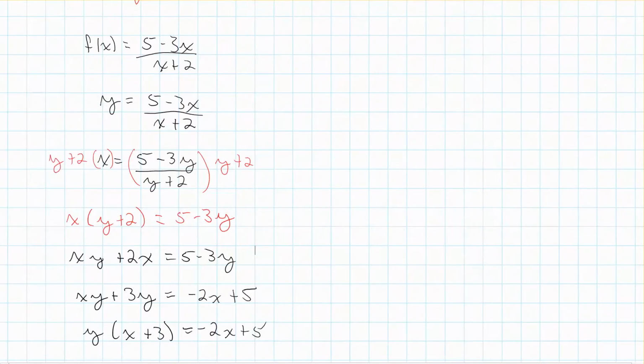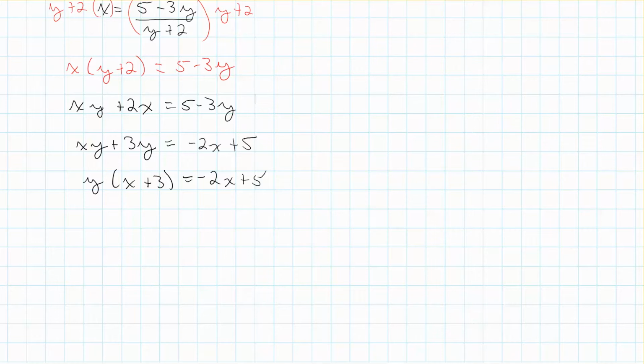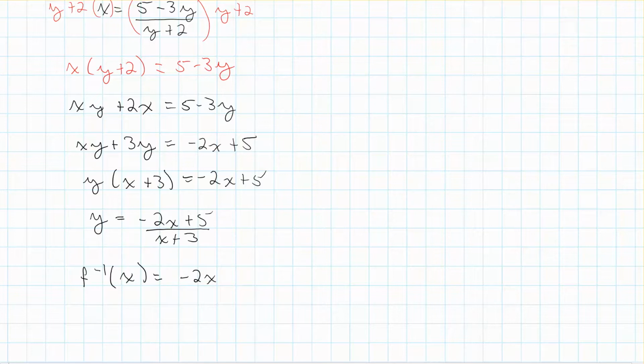And then I would divide both sides by x plus 3, and you get y is equal to negative 2x plus 5 over x plus 3. And so f inverse of x is equal to negative 2x plus 5 over x plus 3.